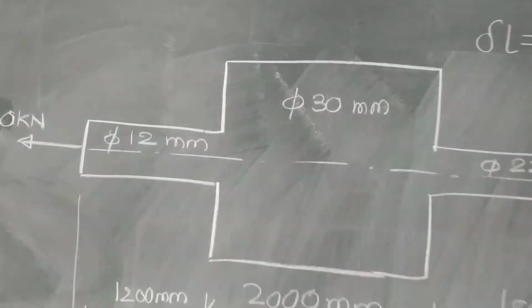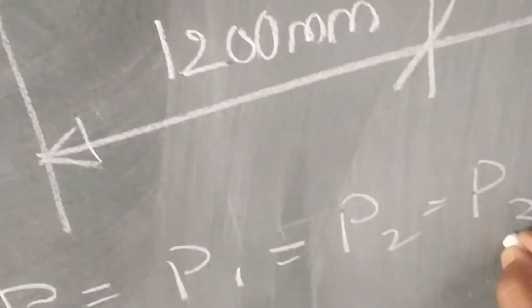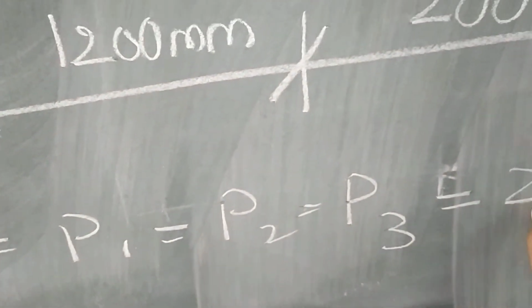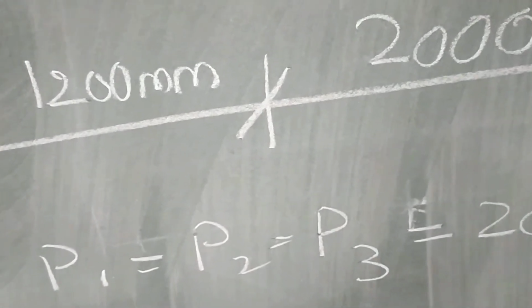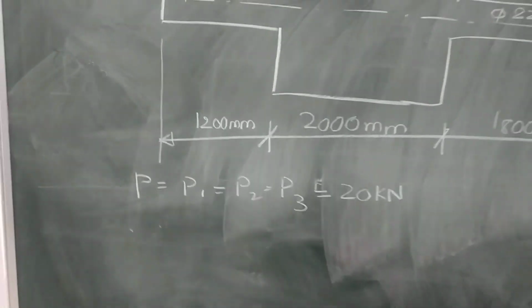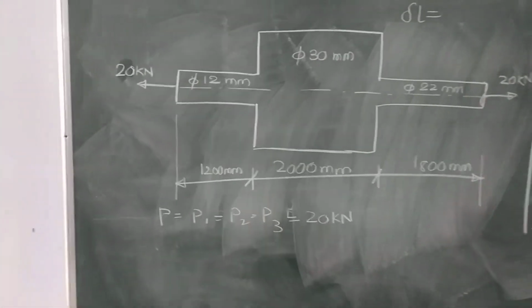Here P is same throughout, so P is equal to P1 is equal to P2 is equal to P3 is equal to 20 kilonewton. But area 1, area 2 and area 3 is different.